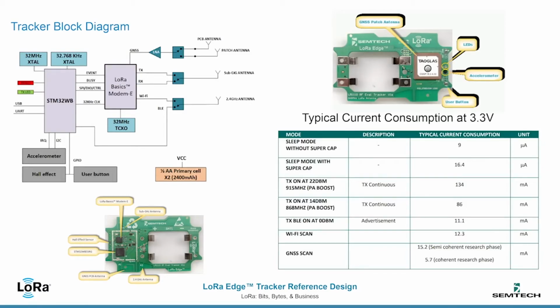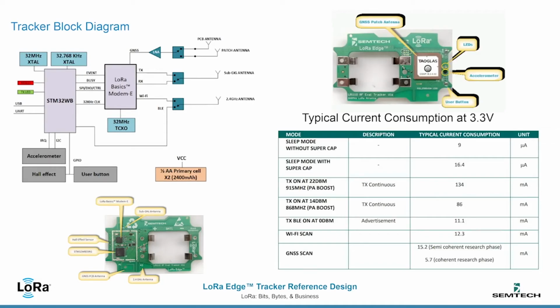The TX power for the high power amplifier is 134 milliamps, and on the high efficiency power amplifier, the output power is 86 milliamps.